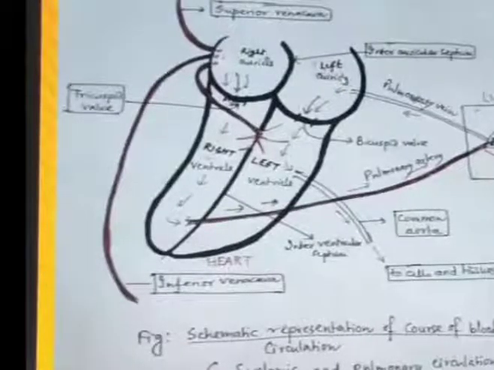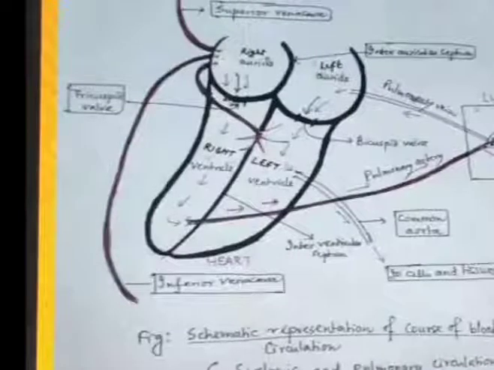From the left auricle, blood moves into the left ventricle through the auriculoventricular aperture guarded by the bicuspid valve. This oxygenated blood from the left ventricle is carried by the common aorta and supplied to cells and tissues of the body. And here again deoxygenation usually takes place, and these bloods are again collected by those three main veins. And this is how circulation of blood usually takes place.